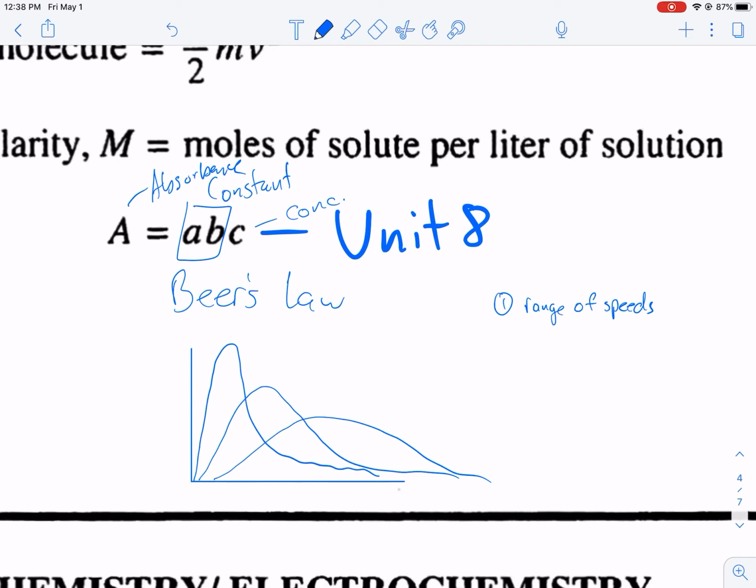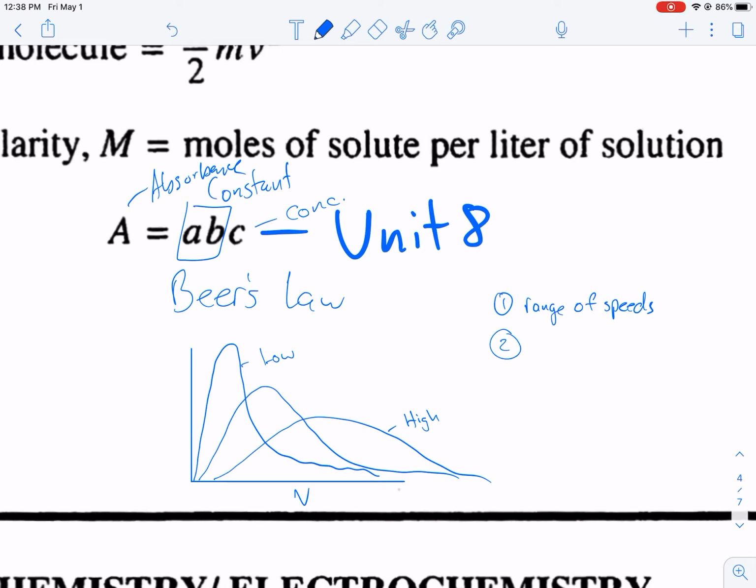Each one of these is a different temp. This is high, this is low. But at any one of these temperatures, there is an actual range of speeds. Some are going really fast, some are going really slow. This is where my average is, my average speed is here. So if we wanted to put velocity down on this chart, we would put it there.